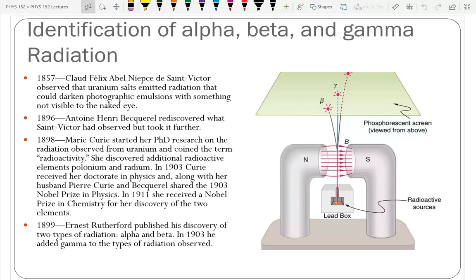And then in 1896, so 39 years later, if I'm doing my math right, Antoine-Henri Becquerel rediscovered what had already been discovered. That is, Becquerel was doing some work with rocks with uranium salts in them, and he was doing photography.